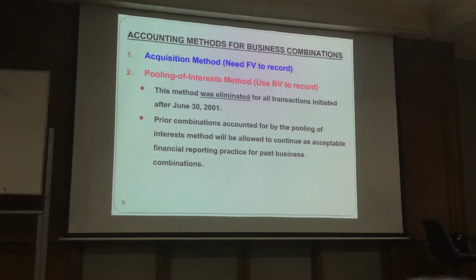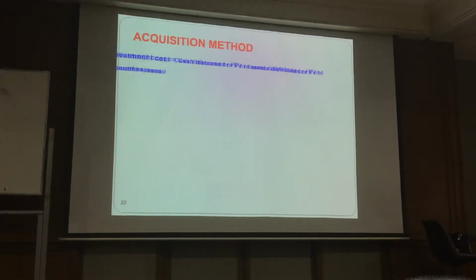So when we talk about the acquisition method, just like I told you before, when you want to acquire, you need to identify book value and identify fair value. So investment cost is going to be the amount of cash that you pay to get the fair value of the asset. Back to my example, book value reported at 80, fair value at 180, investment cost is going to be 180, right?